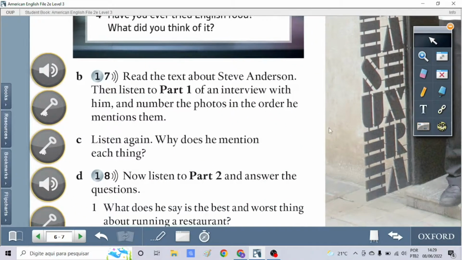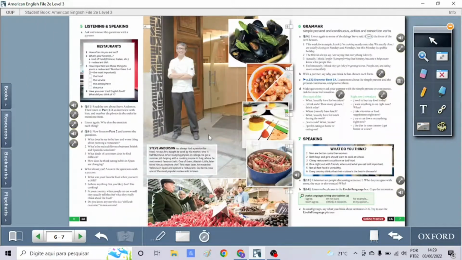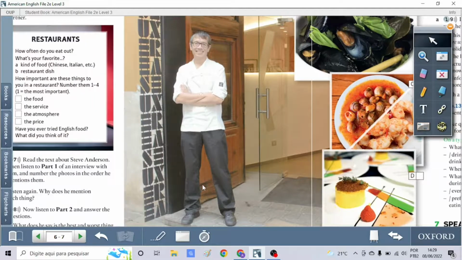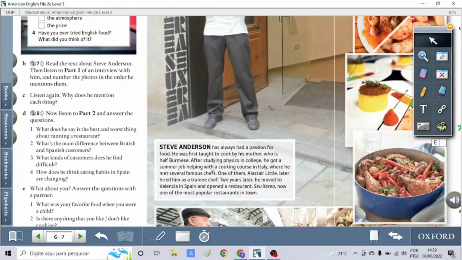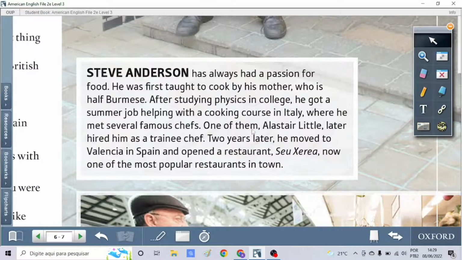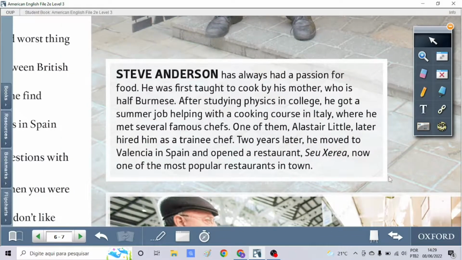Now, I wanted to take a look at this text here about Steve Anderson, and then we're going to listen to part of an interview. This is Steve Anderson. Let's learn something about him. Steve Anderson had always had a passion for food. He was first taught to cook by his mother, who is half Burmese.